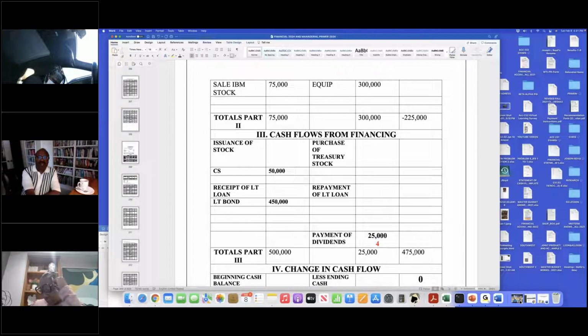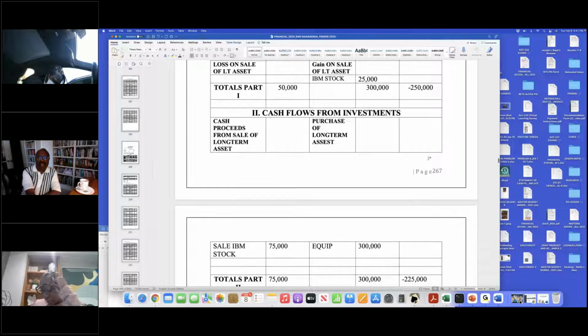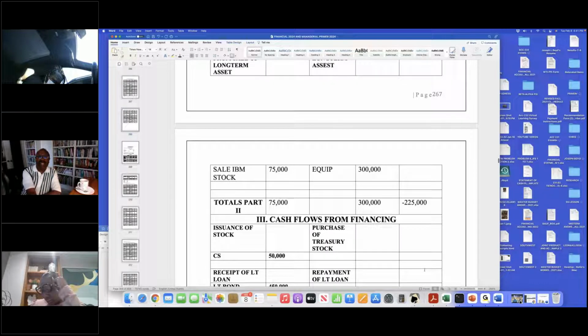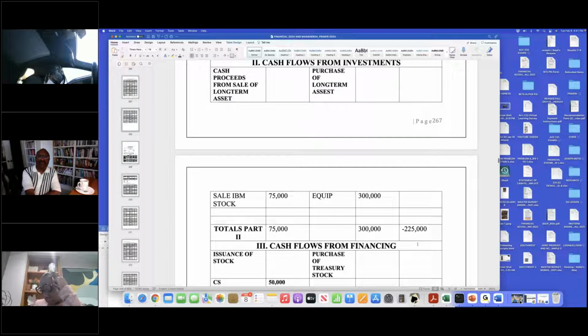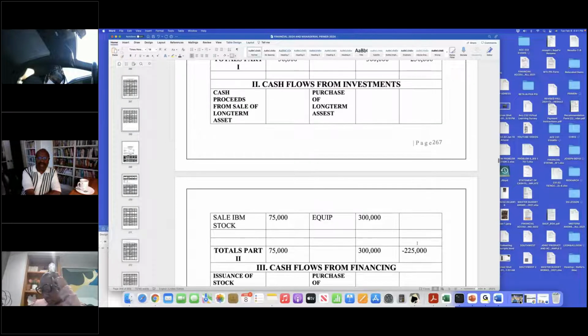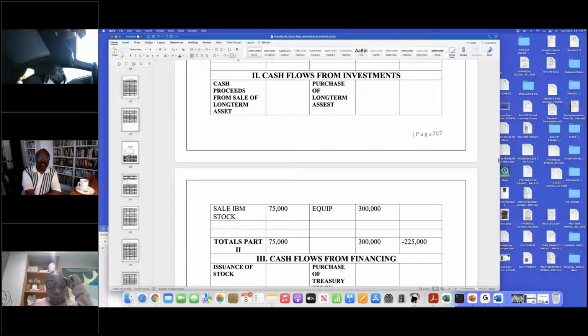So let's see what happens now when we add them up. If we add a minus 250 and a minus 225, how much is that? Is that a minus 475? And we got 475 we borrowed.